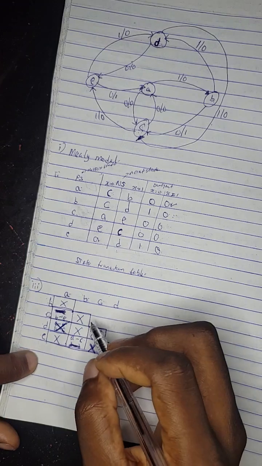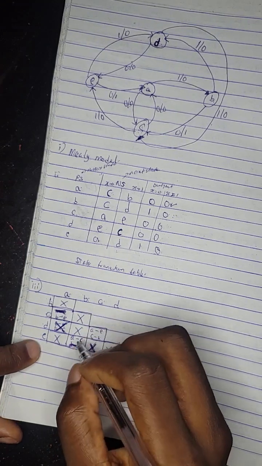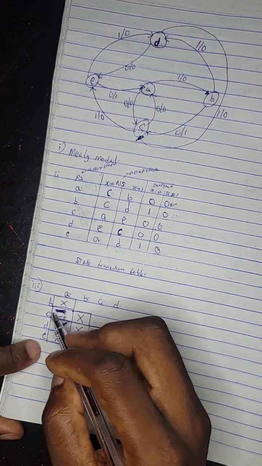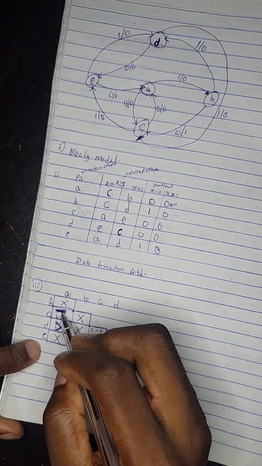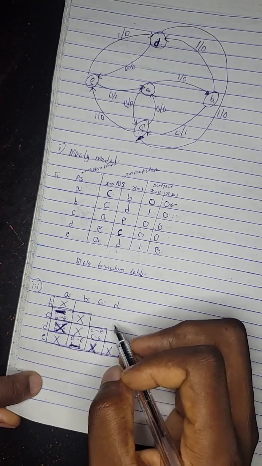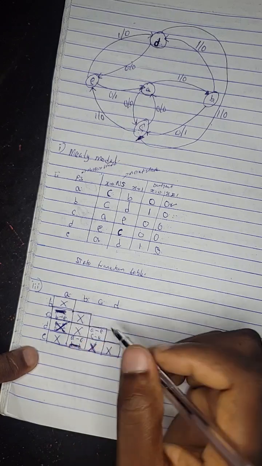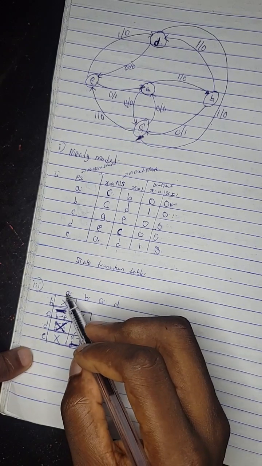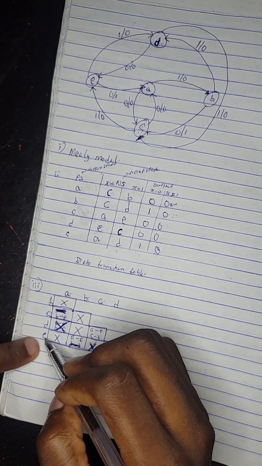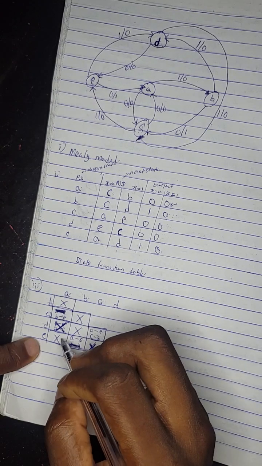So the next thing is AC. If you look at AC, it is actually still okay. We have something inside it. AE, what about AE? If you notice AE, we have actually cancelled AE.